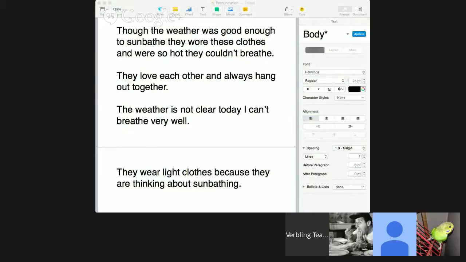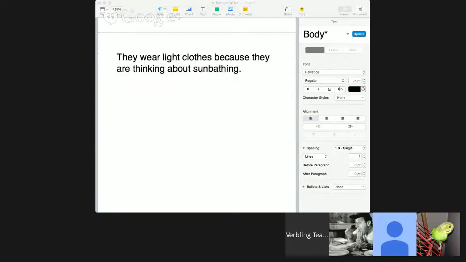The weather is not clear today. I can't breathe very well. I can't see the last one. Oh, sorry. There we go. Okay. They wear light clothes because they are thinking about sunbathing. Well done, guys. Excellent work.